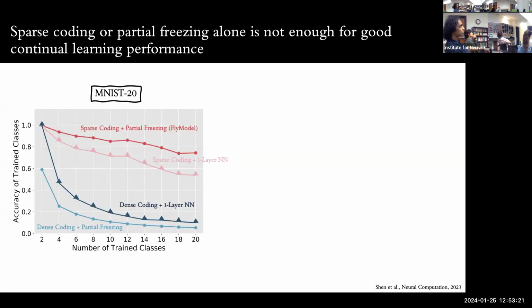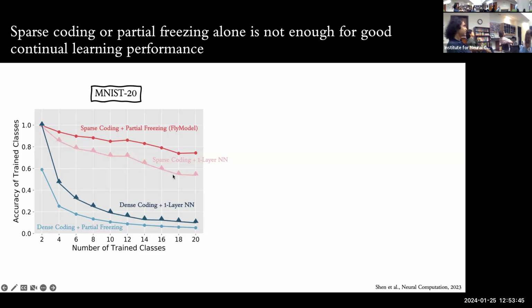I tear apart the sparse coding and partial freezing and pair each with other components. If you're only using partial freezing without sparse coding, the performance is really bad.